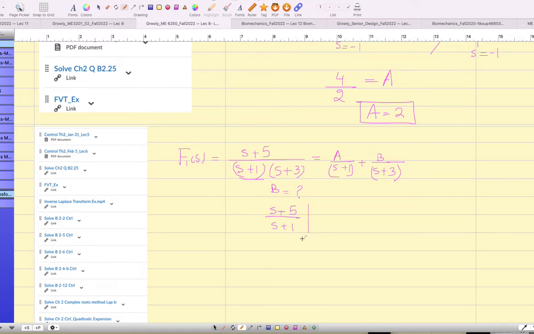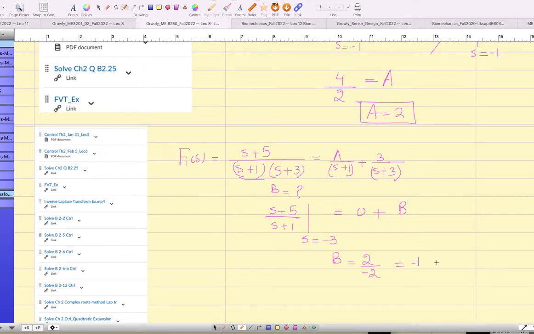Now you will evaluate with s equals -3, and here the A term becomes 0, because s plus 3 at s equals -3 is 0. So B is left only. So B equals 5 minus 3, which is 2, over 1 minus 3, which is -2.